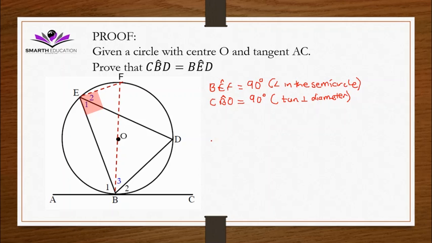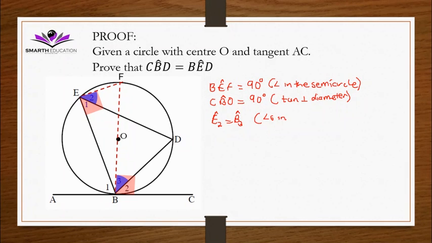What do you think? We can see that angle E2, where is angle E2, and angle B3 are equal. Why is angle E2 equal to angle B3? Let me write it down here. We can say angle E2 is equal to angle B3. Why? They are angles in the same segment.